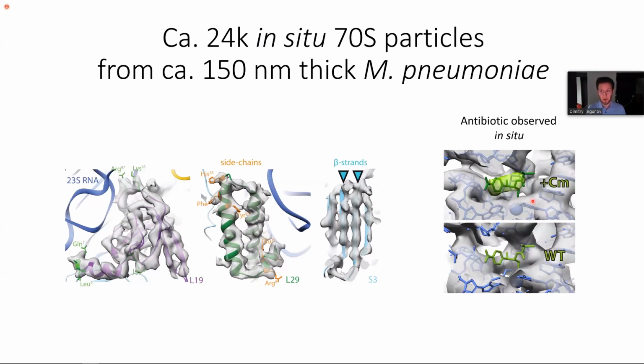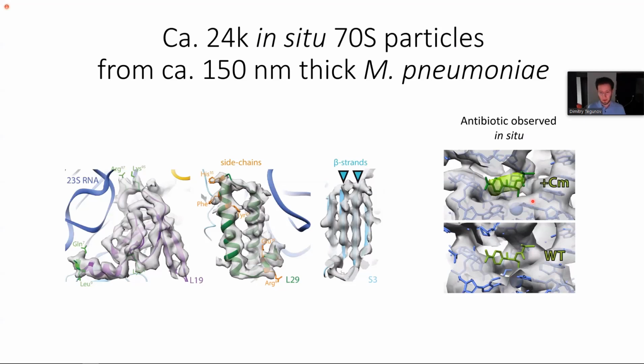They're huge, so that certainly helps with thick ice. And there are so many of them inside the cells. So we don't run into problems with low numbers of particles. Doing the same thing for pretty much any other protein inside the cell will be much harder at this point, I think.